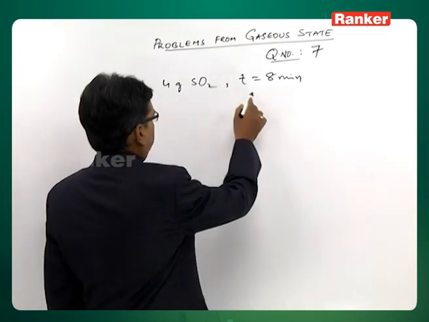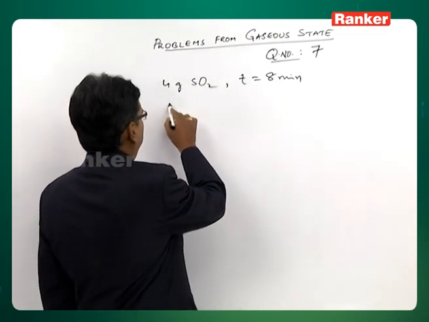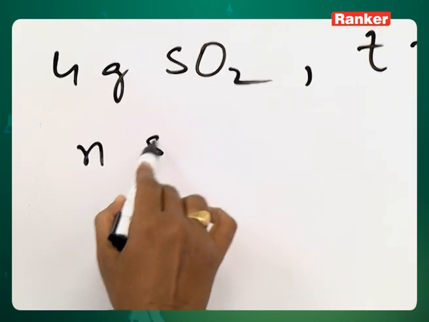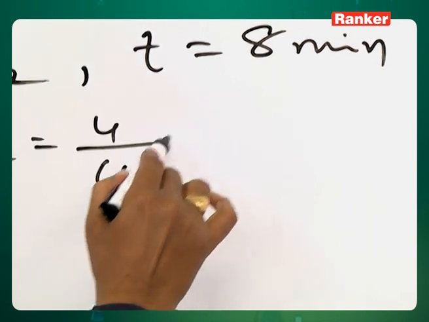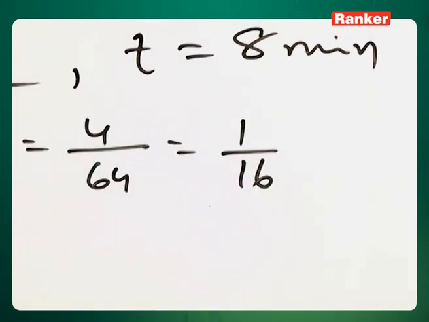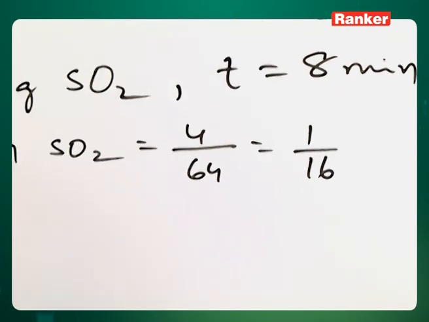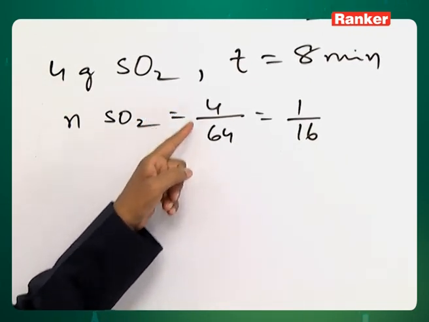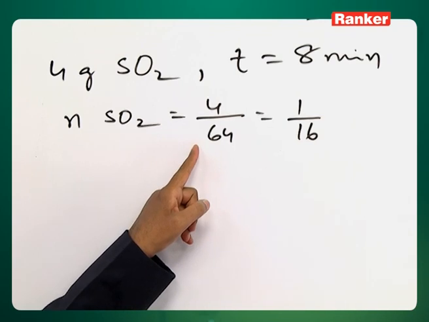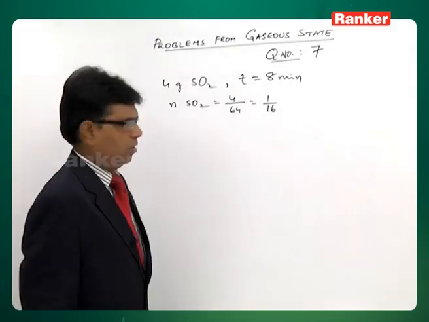The number of moles of SO2 is equal to 4 by 64, that is 1 by 16. Number of moles is equal to weight by molecular weight, and the molecular weight of sulfur dioxide is 64.